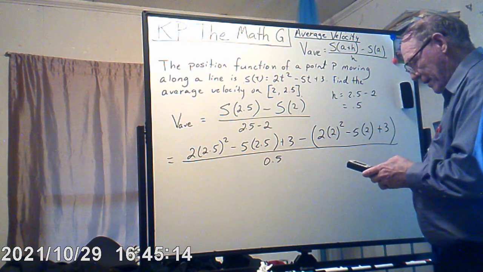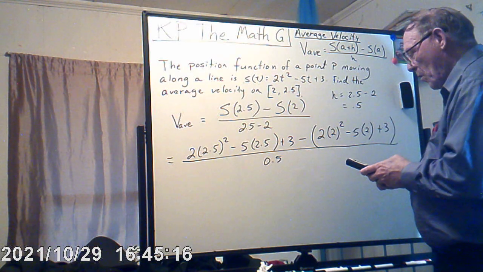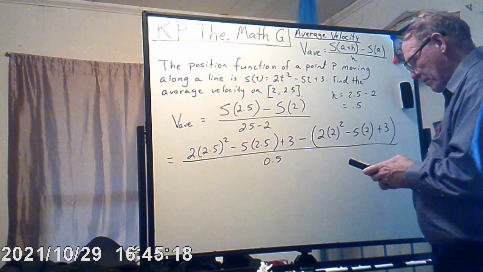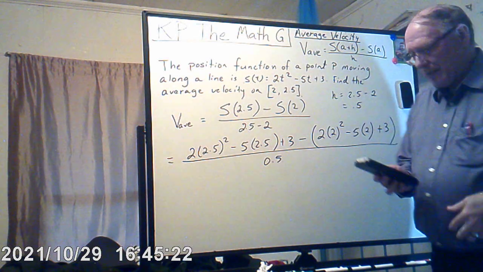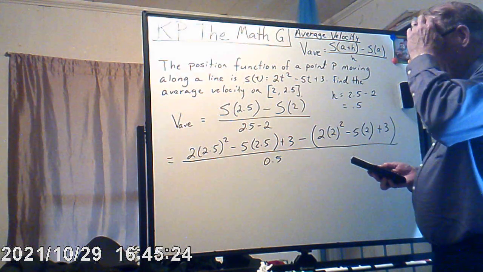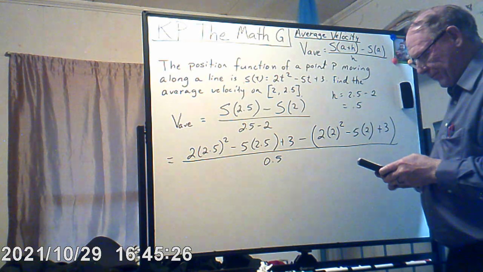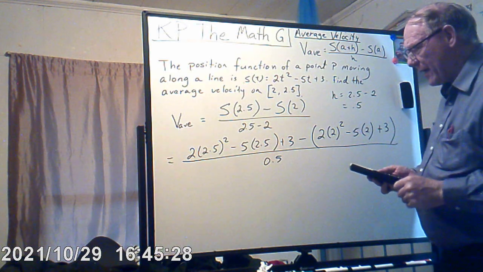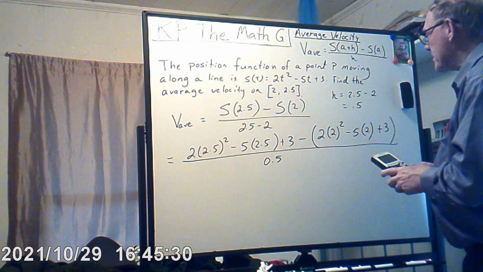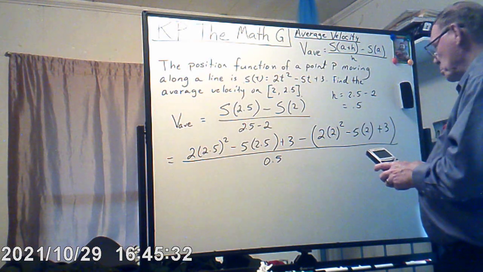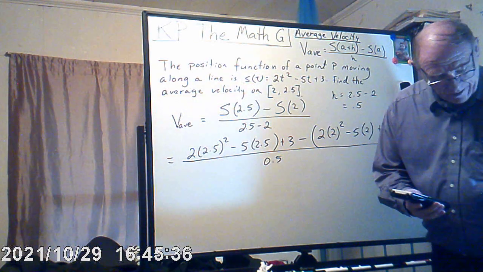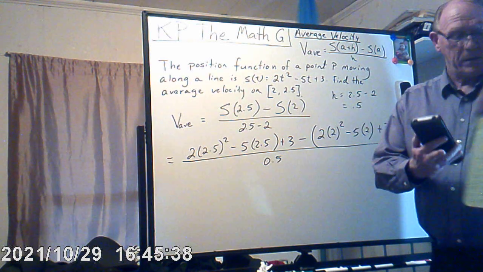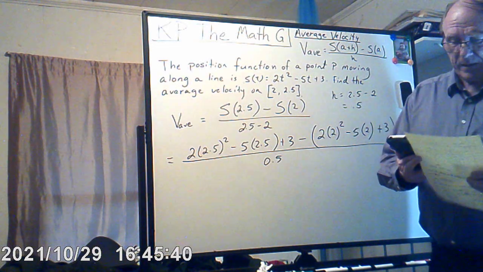I'm going to hit enter. I got something way bigger than I had when I first figured this out by hand, but it's okay. I'm going to refigure it again. For whatever reason, I did something incorrect as I was doing this problem.